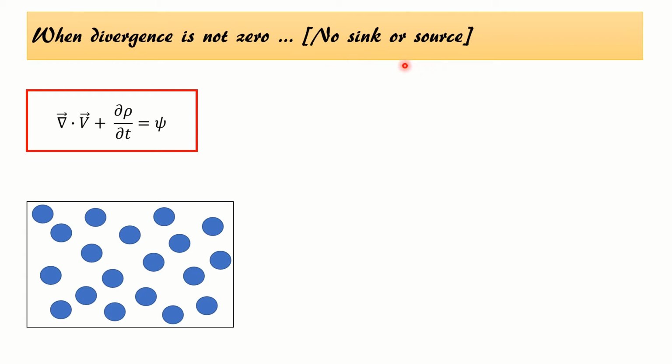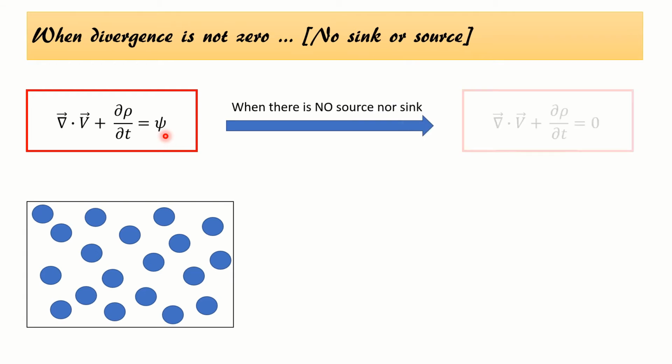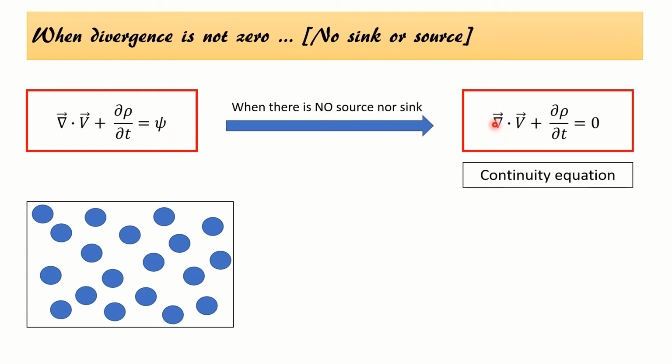So you have no sink, no source, and therefore you will have del of the field vector plus the partial derivative of rho over time equal to 0, because my psi is equal to 0. And this is a general expression, the continuity equation that you have seen in a lot of physics applications, right? So this is valid for a case where the quantity is conserved, for example energy or number of particles in the system and so on.